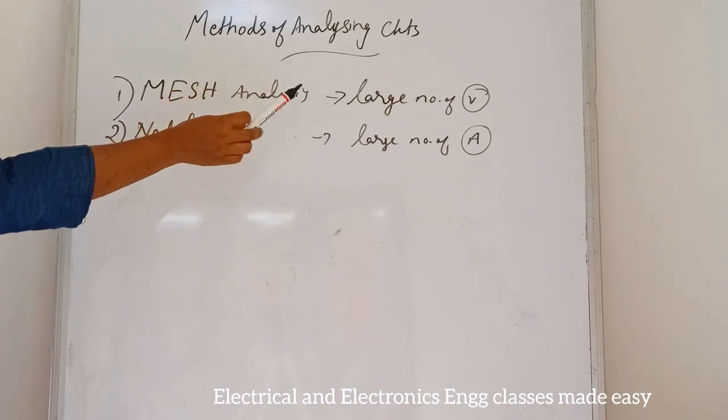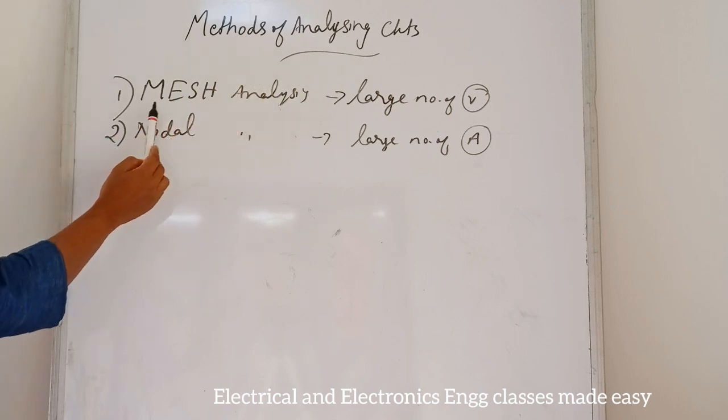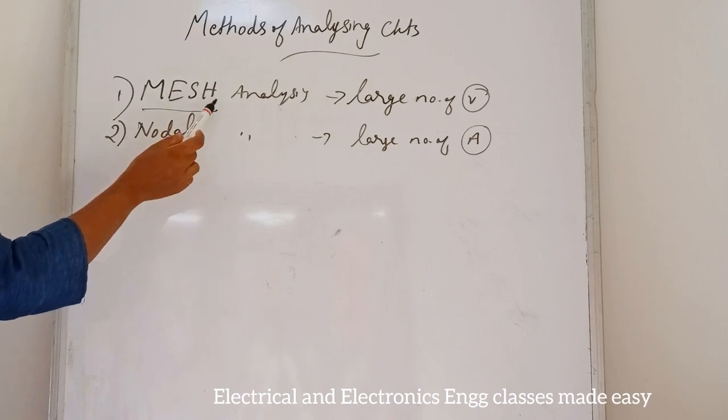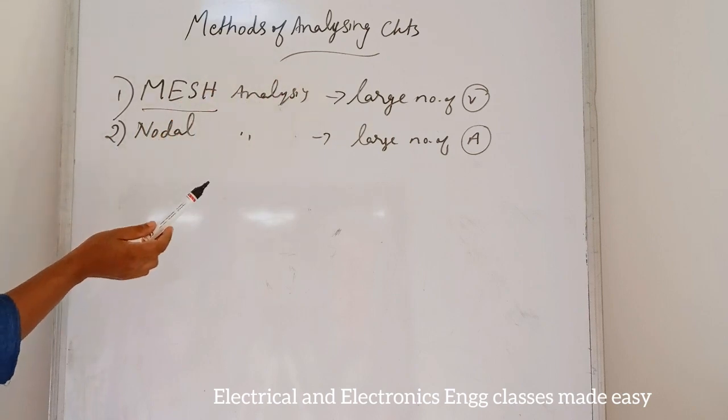If a network has a large number of voltage sources, it is useful to use mesh analysis, as this analysis requires all the sources in a circuit to be voltage sources.